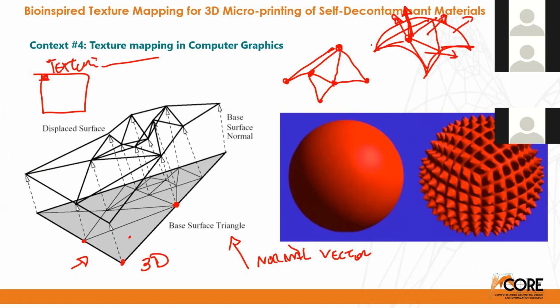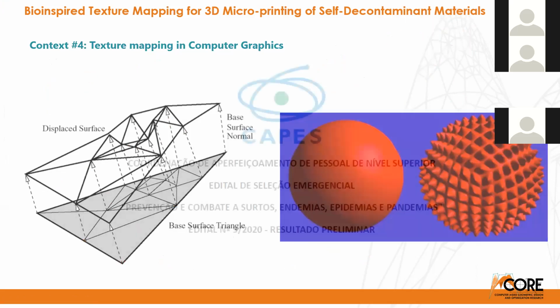We just add it to the height. So we modify the triangle's geometry. It's something like this that happens. We have this sphere, which is actually modeled through several triangles. And then we modify the position of these vertices in order to present this new geometry. So we actually modify the 3D geometry of the triangles.